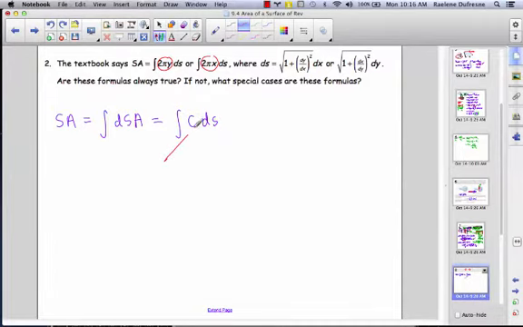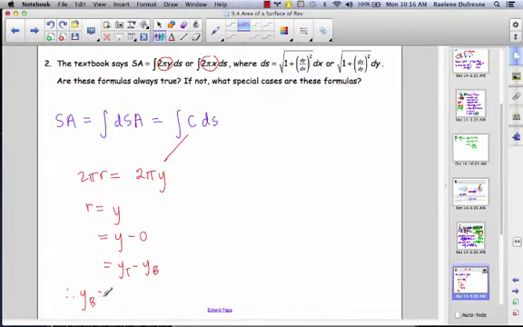So under what circumstance is 2 pi y the same as 2 pi r? Well, what we're saying here is that the radius has to equal y, which is really y minus 0. And if that's the case, we have y top minus y bottom. We're saying that y bottom is equal to 0, and therefore we are revolving about the x-axis.